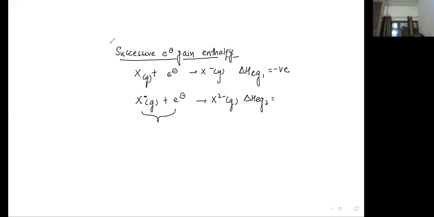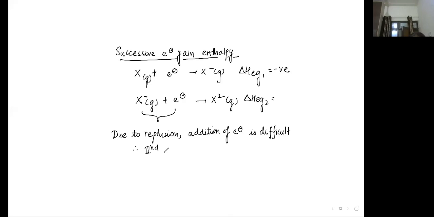So due to repulsion, the addition of electron is difficult. If there is attraction, then addition is easy. So due to repulsion, addition of electron is difficult.